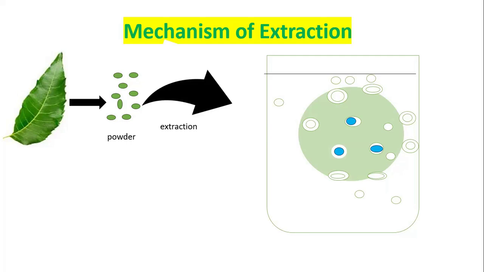So what happens after some time when you keep this powder in that solvent? Just see, this is a drop of solvent that passes through this pore. These are the pores. The particle is deep in the solvent, and it has small pores on its surface.